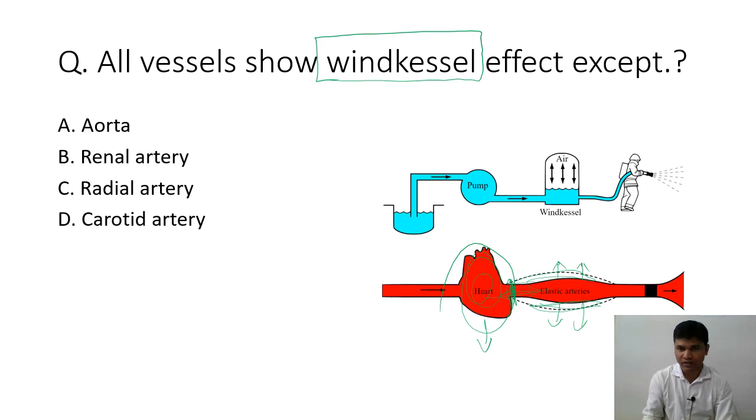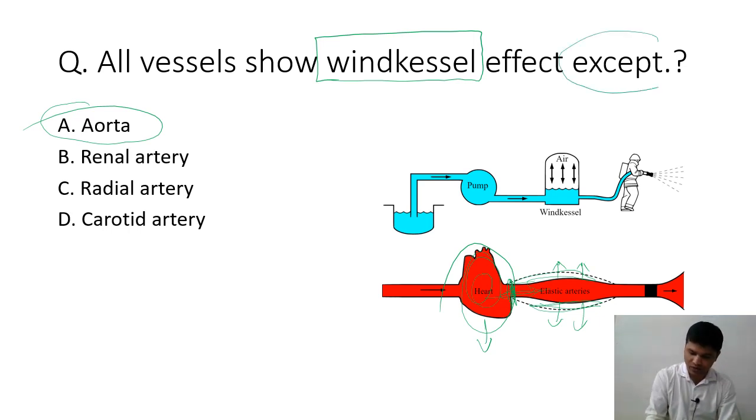The arteries with more and more elastic tissue will give more and more Wien-Kessel effect. The aorta is the major vessel, so obviously it will show the Wien-Kessel effect. We are looking for the exception, the vessel which will not show it. The aorta will definitely show it because it is a thick, major vessel with more elastic tissue.